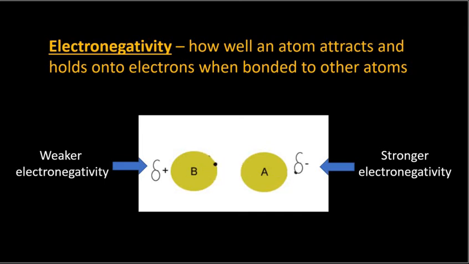And by default, the B is acting slightly positive because its electrons are spending more time around A than around B.